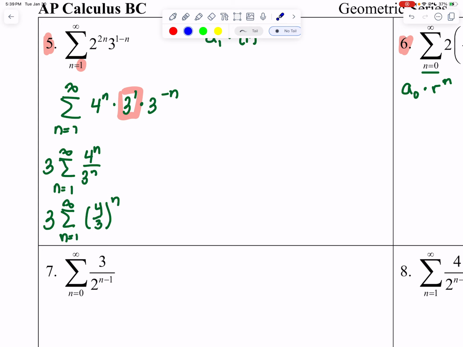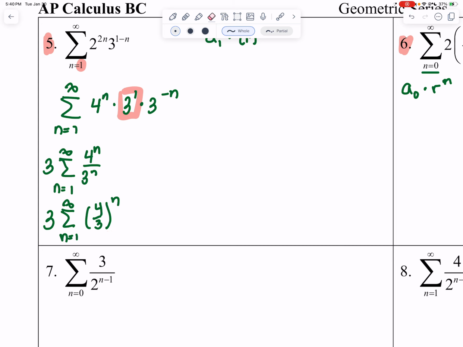And now my numbers do not match up. This is a 1 and this is a 0. So what I'm going to do here is think about how I can make this n minus 1. In order to do that, I'm going to multiply by the reciprocal, because essentially we're trying to get n minus 1.